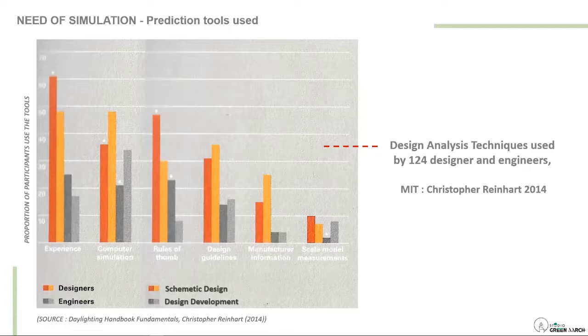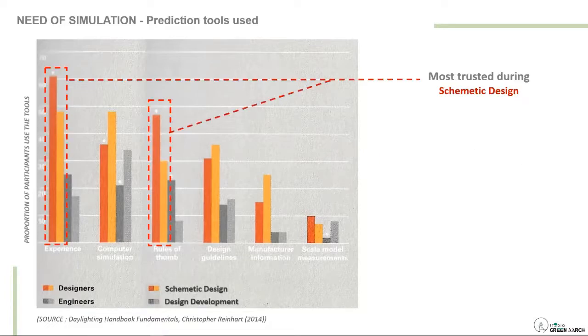He did an analysis with 124 designers and engineers, and the main idea was to understand what particular prediction tool an engineer or designer uses in a particular stage of design development, right? He concluded that in the very starting part of design, where we are trying to understand concepts, develop new things, and understand a lot of passive strategies, a lot of designers and engineers are using rules of thumb and the experience they have gained in previous projects. They are not directly depending upon computer simulations or design guidelines.